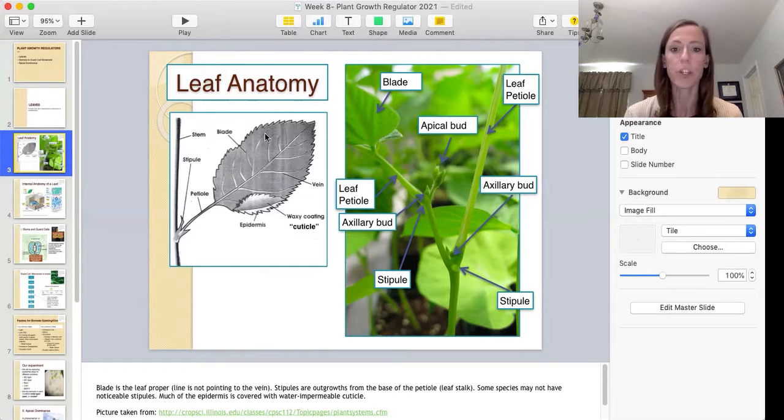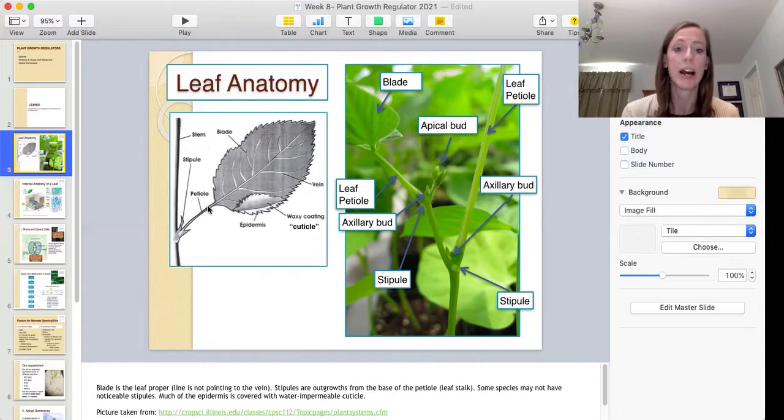Okay, so that's the blade, and there are veins running through it, as we looked at during our last lab. Depending on whether or not the plant is a monocot or a dicot, those leaf venations may be parallel or branching. Okay, so those are the veins. You can see they're going to hold the xylem and the phloem.